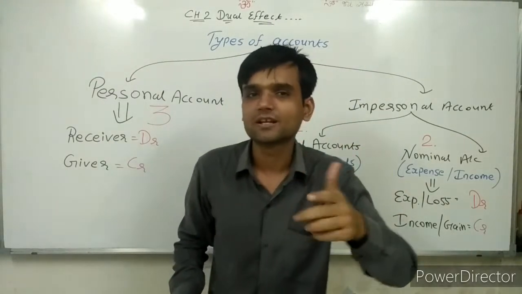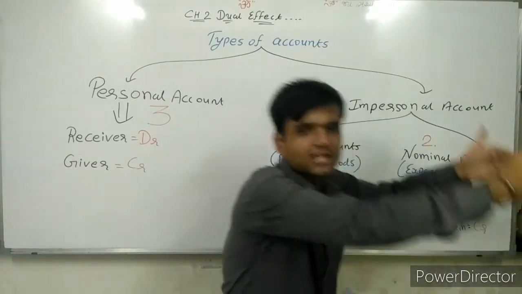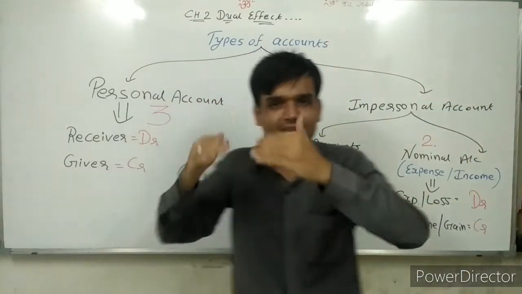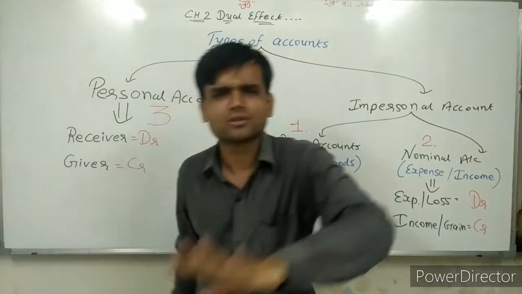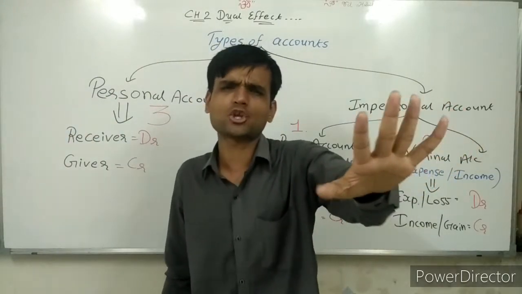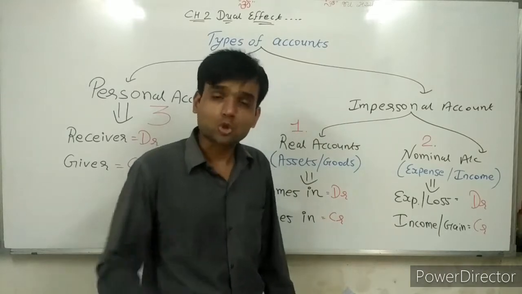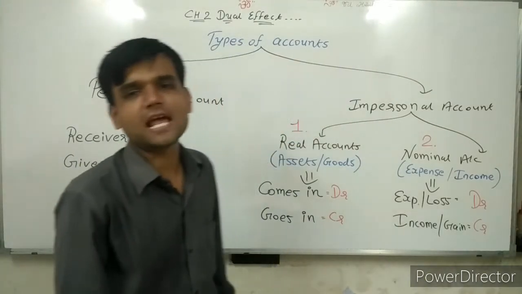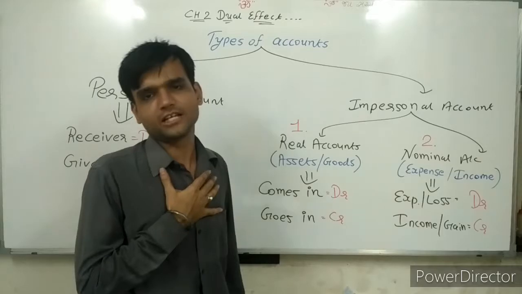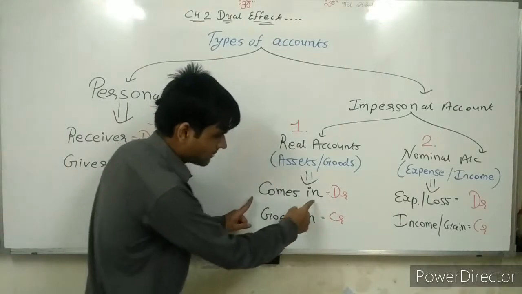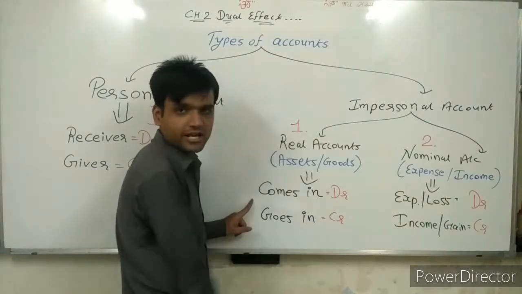Again I am repeating. Goods come in and goods go out. This is the only situation for goods and assets. So on that basis, we are applying the rule of debit and credit. If it comes in, then debited.